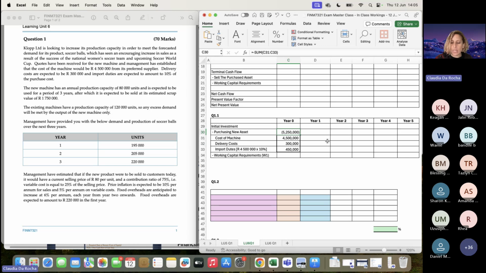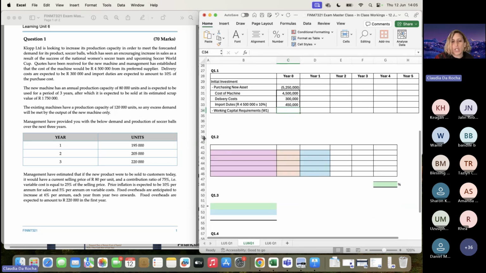Cool. Then we've also got to include our working capital requirements. We're going to have to do a separate calculation because it requires us to do quite a bit.